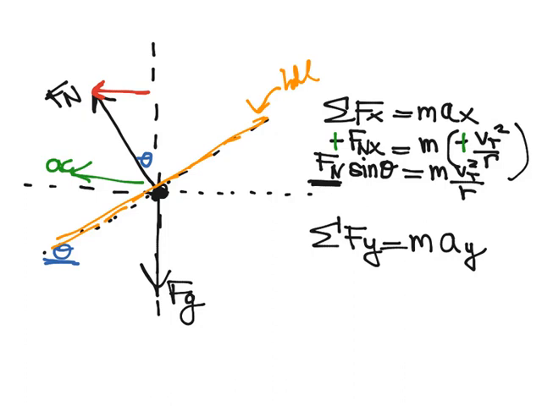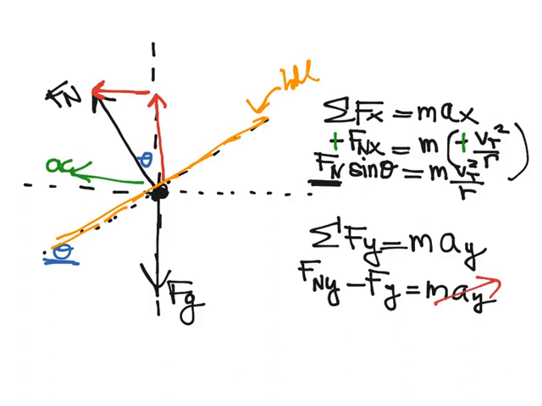In the y direction, we have Fny, which I just drew in, and Fny is directly next to our angle, so it will be Fn cosine theta. But I'll just write it out as Fny, the second red arrow I drew, minus Fg equals May. As long as the car is not slipping, it is not moving up and down at all, so Ay has to be equal to 0.